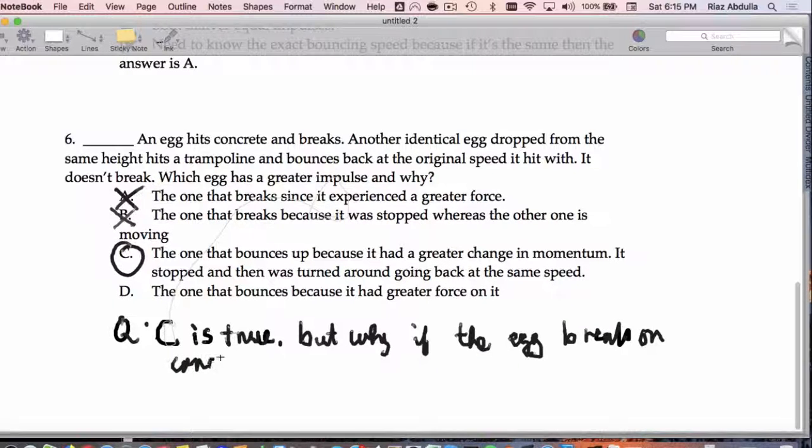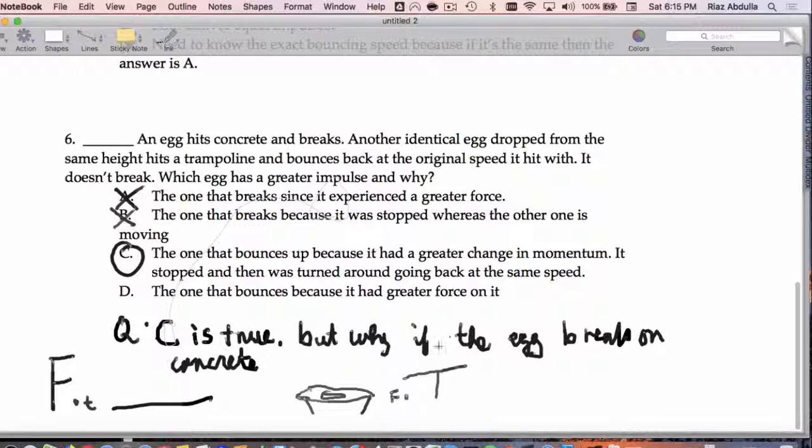So let's be clear. Here's what we'll do. We'll compare the concrete to the trampoline. Okay? So on the concrete, I have a very huge force over a very small amount of time. And that can be a smaller impulse than a very small force over a very huge amount of time.